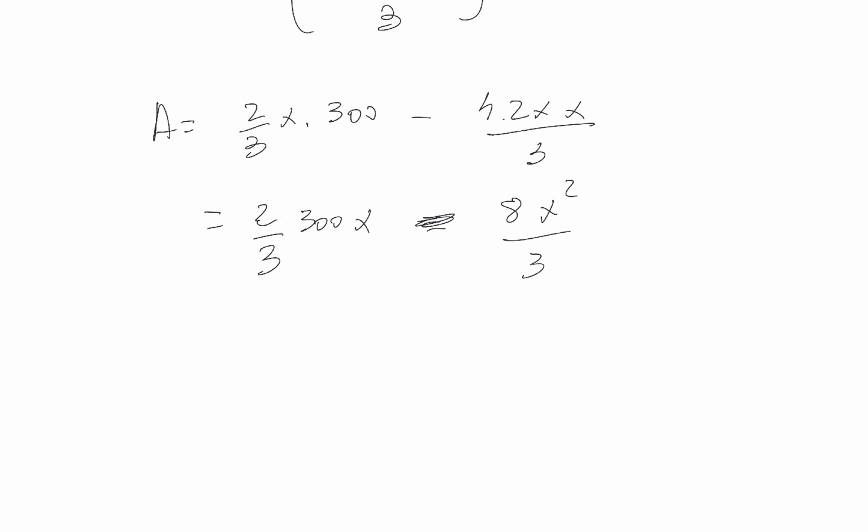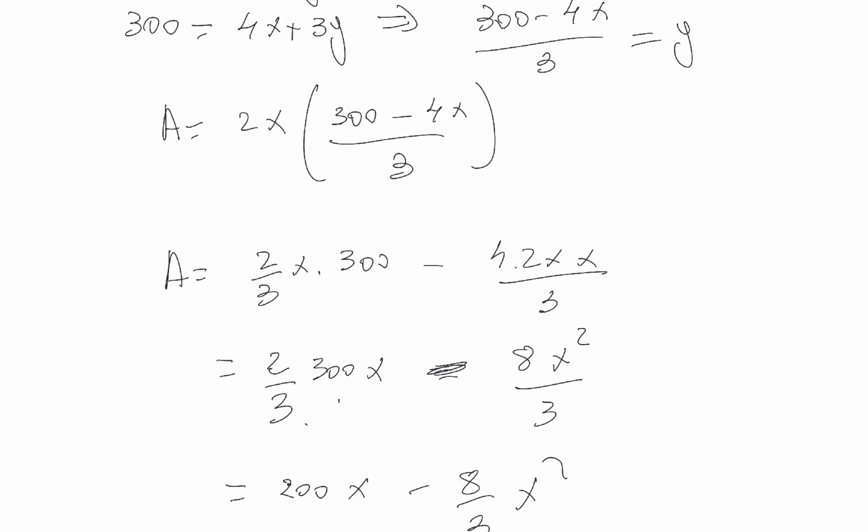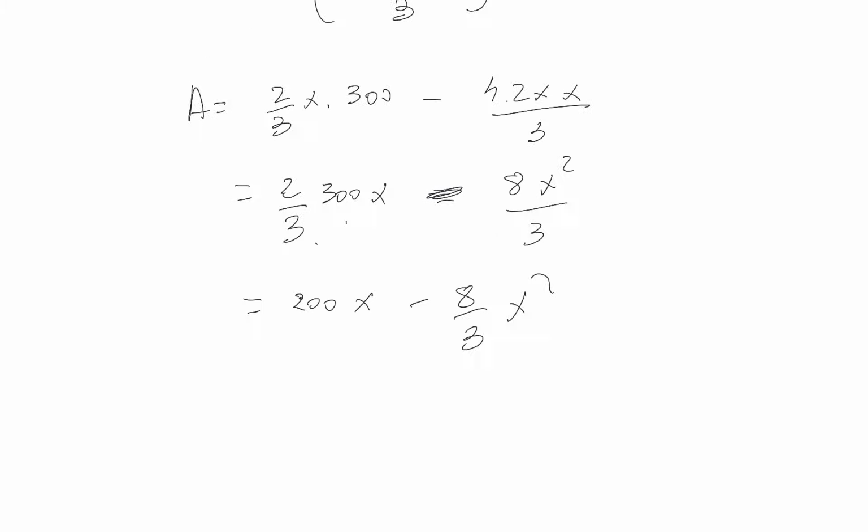So it will be equal to 200x, 300 divided by 3 is 100, 2 by 100 is 200, 200x minus 8/3 x squared. Let me check the 8/3. X squared is checked. Yes, it's correct.